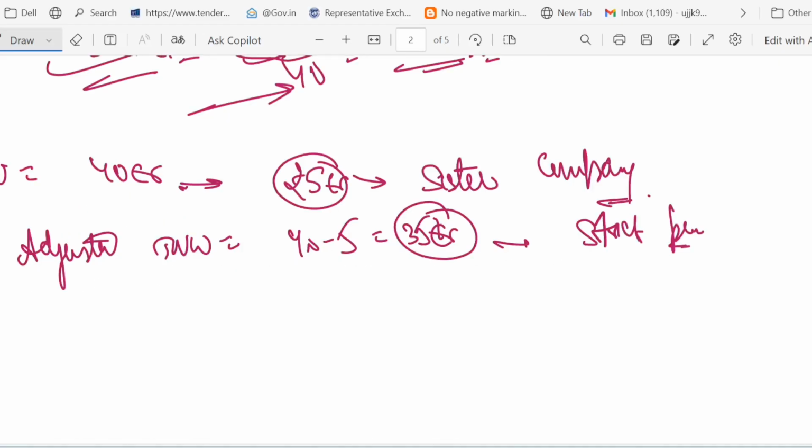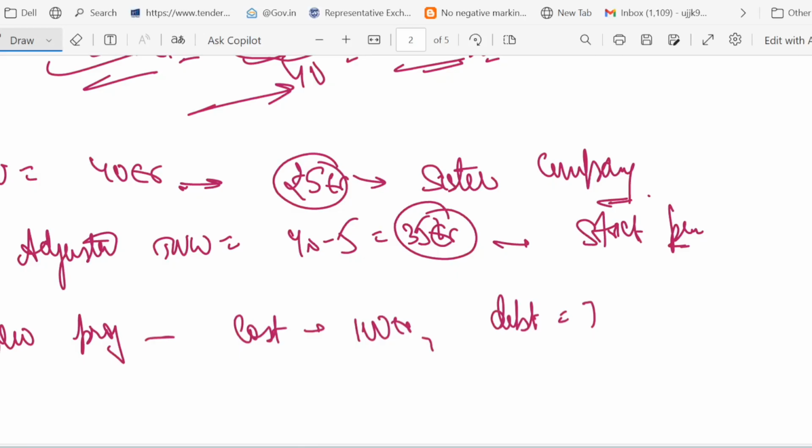Suppose we have a new project and the cost of project is suppose 100 crore, and suppose the debt which we have taken is 70 crore, and the promoter margin, or we call it equity, is 30 crore obviously. So what is the debt equity ratio? This is 70 upon 30, which is equal to 2.33. This is for a new project.